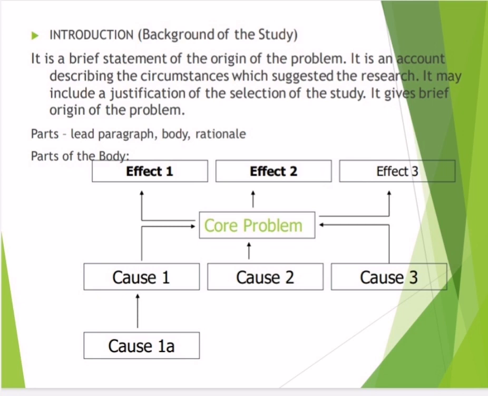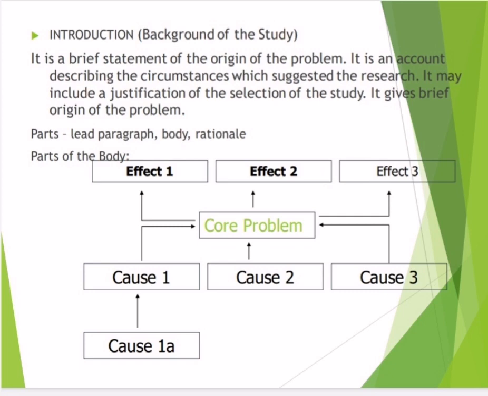In the next slide, I will provide you a concrete example wherein you can find the topic and also the paragraph that describes the circumstances, the justification, and the brief origin of the problem. So let's move on to the next slide.